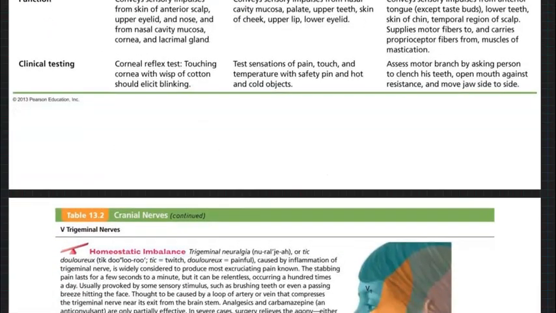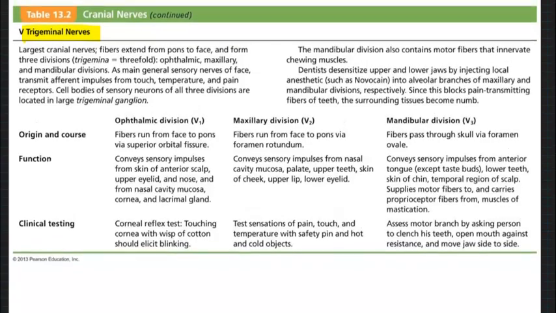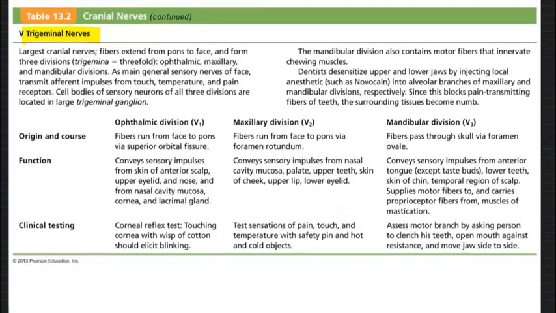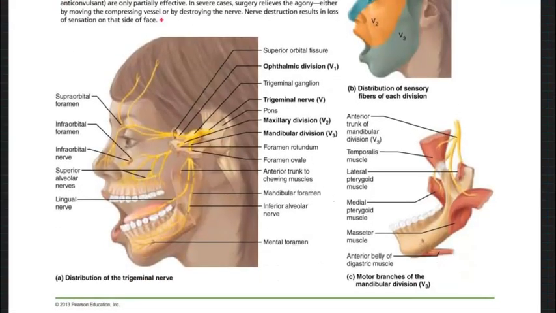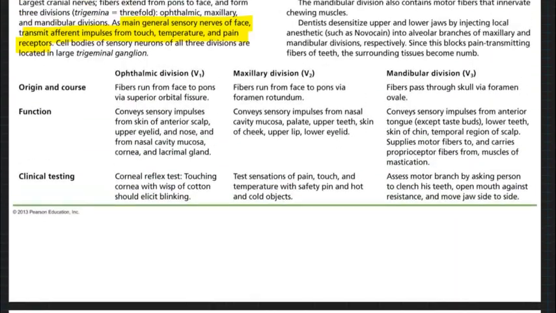Instead, we're going to jump straight to function. This is the function: it's sensations from your face and the frontal part of your scalp. Okay?